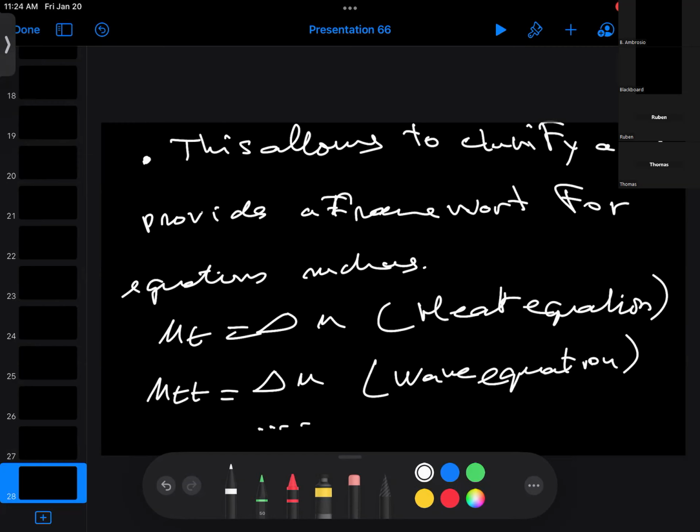Then you have some questions of estimates, you need sometimes bounds, compactness, and other things.